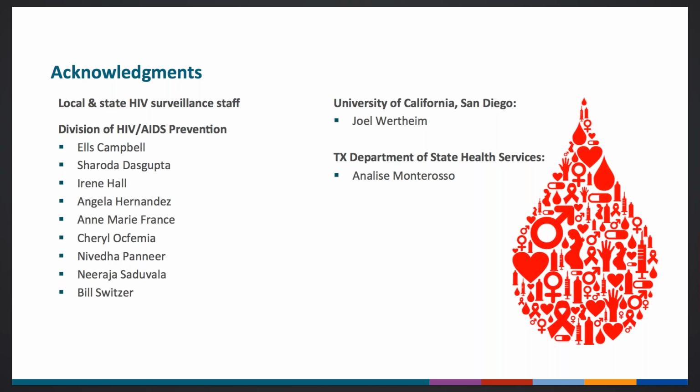The other resource that I would point people to is the cluster guidance that I mentioned a couple of times that we have released. It's also an attachment to the new NOFO, and so it's available on the NOFO website. It talks through a variety of things, including the background of why this works, how we identify clusters, how we prioritize clusters, and a lot more detail than I went into today about investigation and intervention.